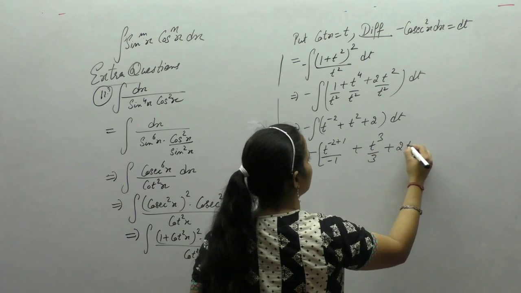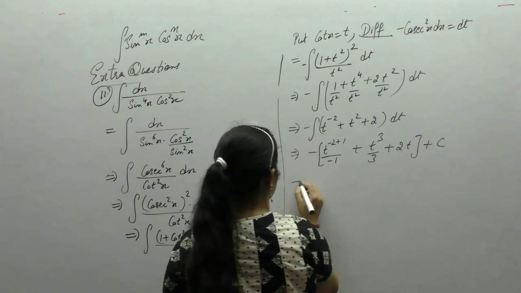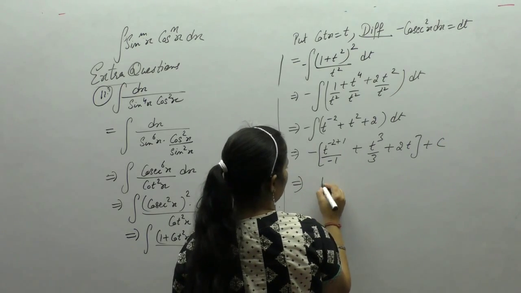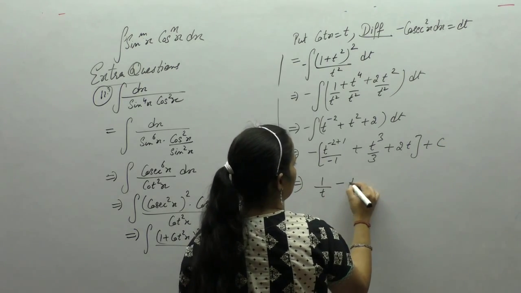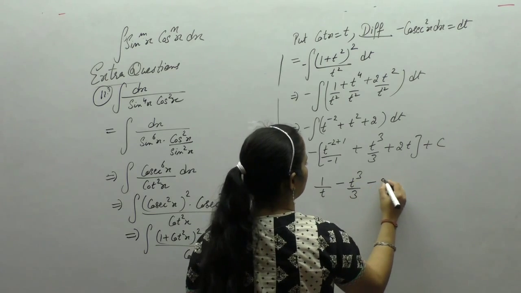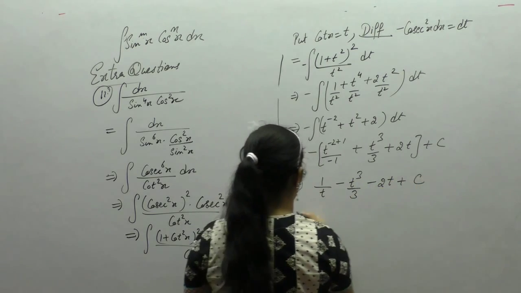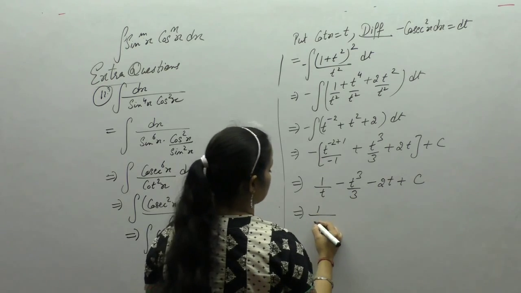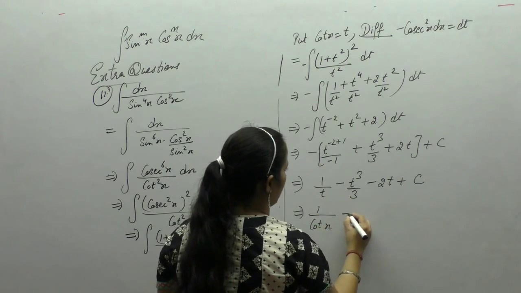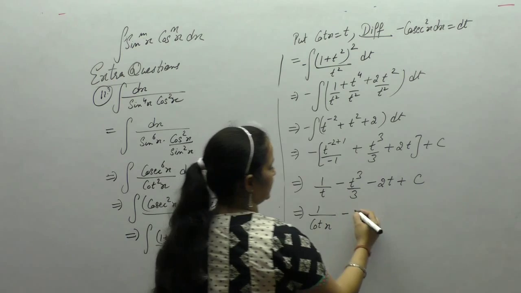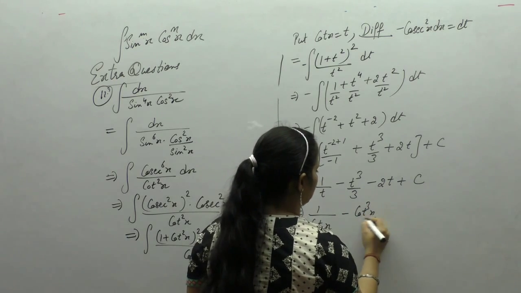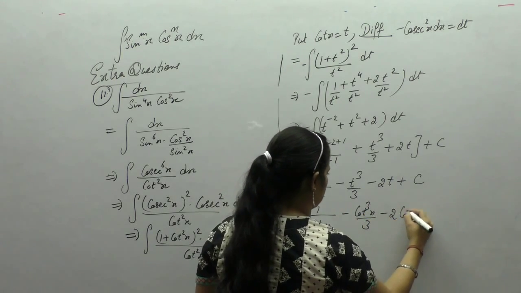Integral of 1 is t. Substitute the value of t here. Minus minus plus 1 upon t minus t cube upon 3 minus 2t plus c. T here is cot of x. 1 upon cot x, cot cube x upon 3, minus 2 cot x.